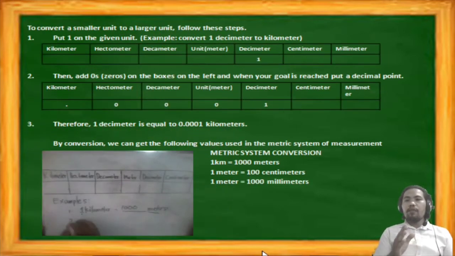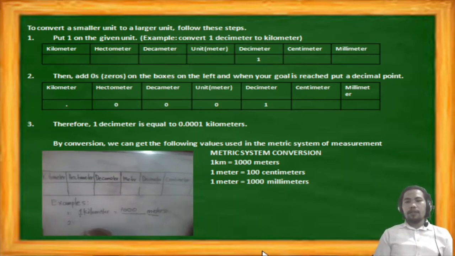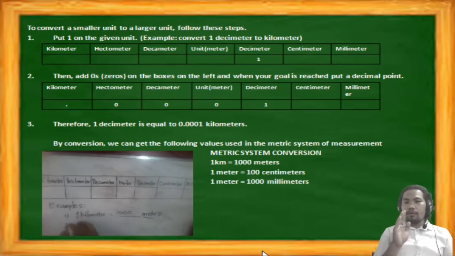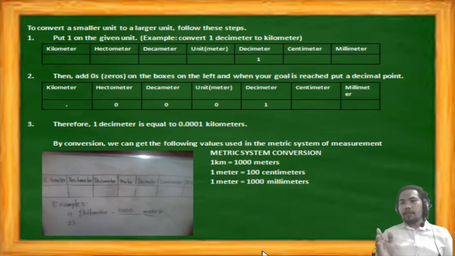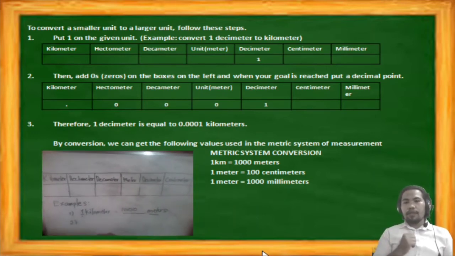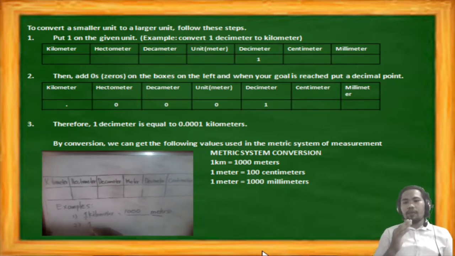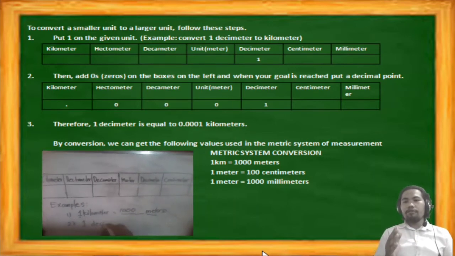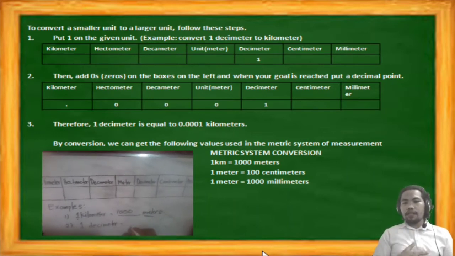To convert a smaller unit to a larger unit, follow these steps. So we are going to convert 1 decimeter to kilometer. Just like what we did, we are going to put 1 on the given unit, which is decimeter.